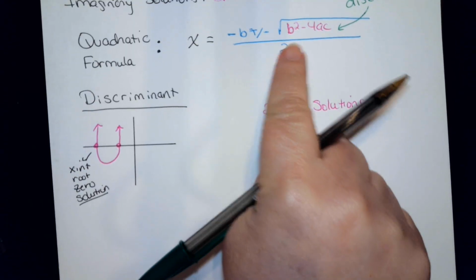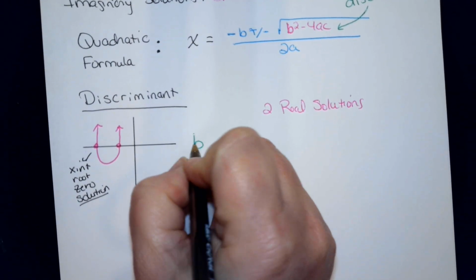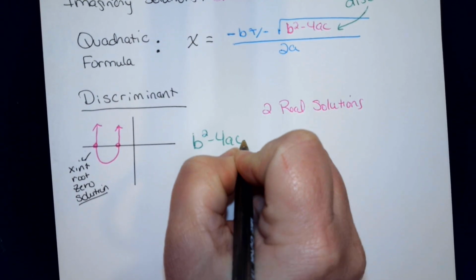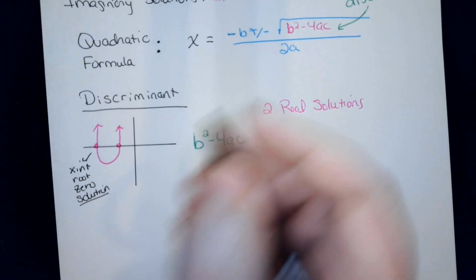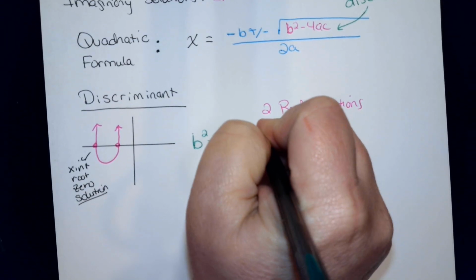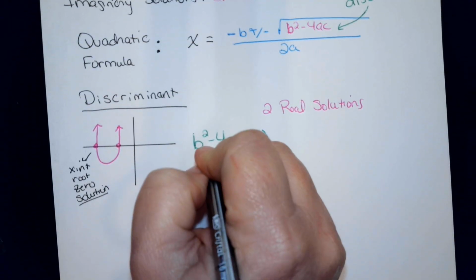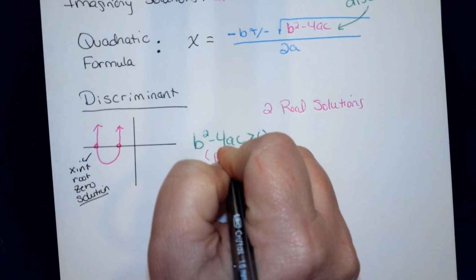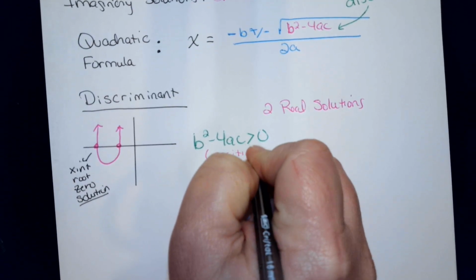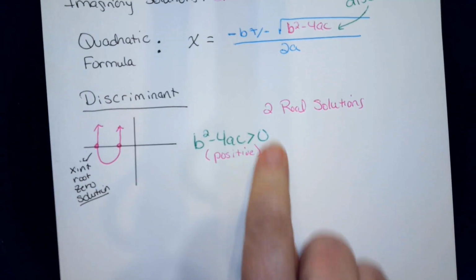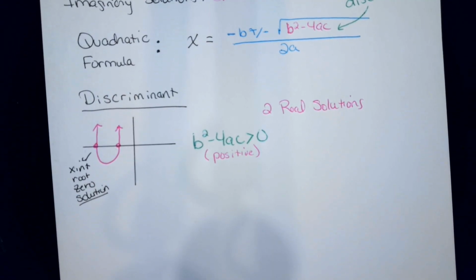Now, for the discriminant, the b squared minus 4ac part, if that value is bigger than 0, which is just a fancy way of saying if your discriminant is positive, then you are going to have two real solutions.